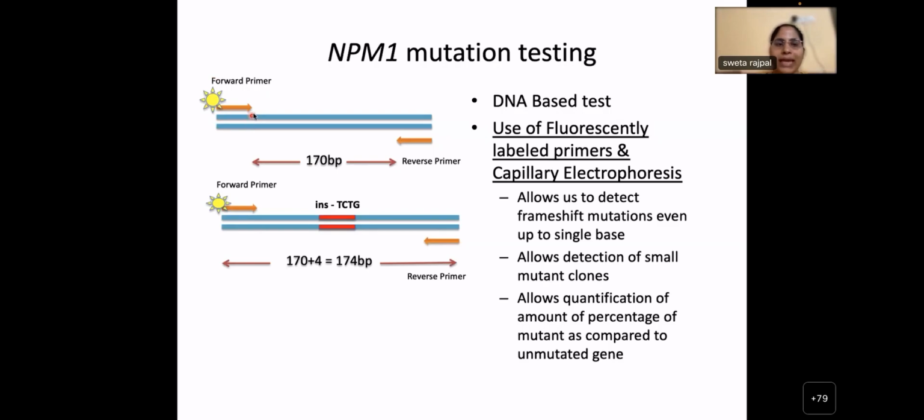For a normal scenario where NPM1 is wild type, it is supposed to give us a 170 base pair fragment. While if there is a four base pair insertion, or any base pair insertion for that matter, among which the most common insertion in NPM1 is a four base pair insertion, you will get a fragment of 174 base pair in addition to the 170 base pair.